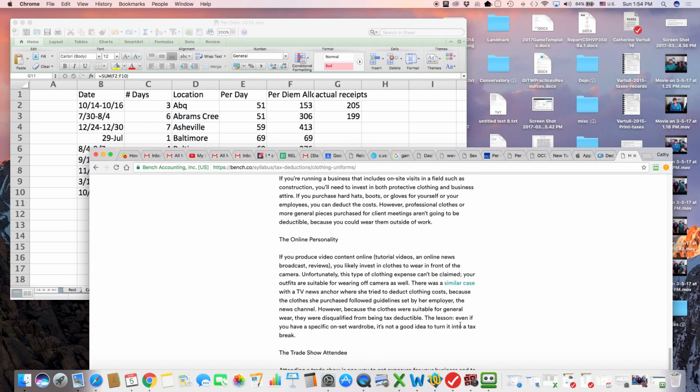General contractor, online personality: if your outfits are suitable to wear off camera as well, the cost likely can't be claimed. I think if you would ever wear them outside, then you shouldn't deduct it. But if you never wear them outside, then it's not something you can wear out.